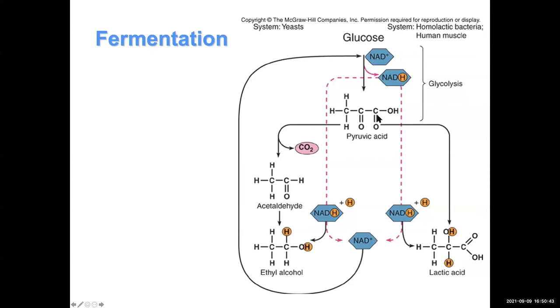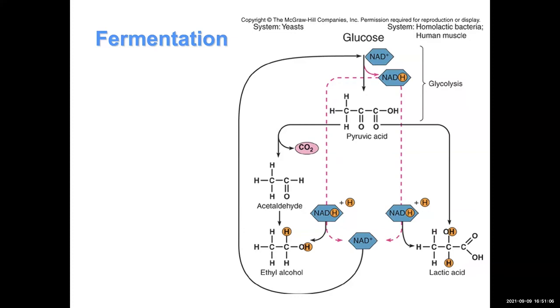Now, in glycolysis, our end product is two molecules of pyruvic acid. Pyruvic acid can then take different paths. Pyruvic acid can be decarboxylated and further processed to generate ethyl alcohol. No oxygen present.